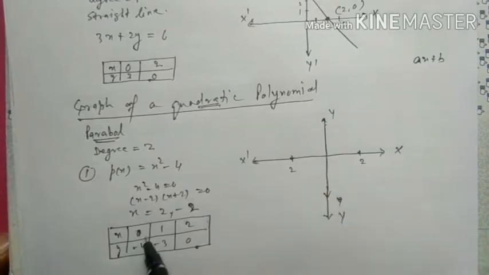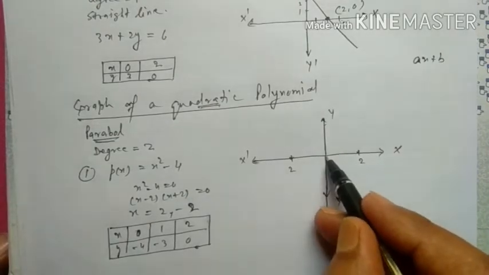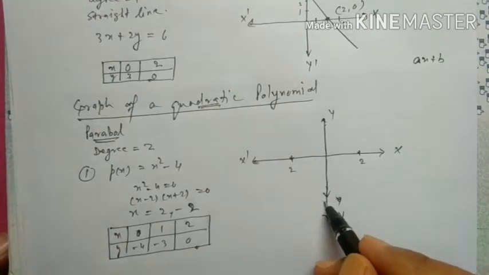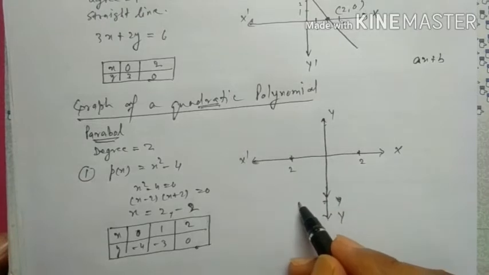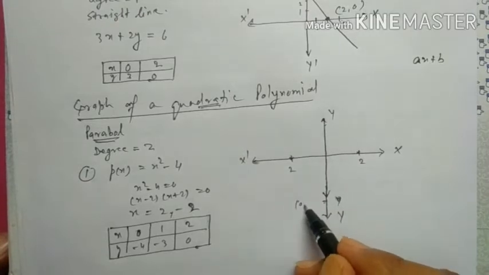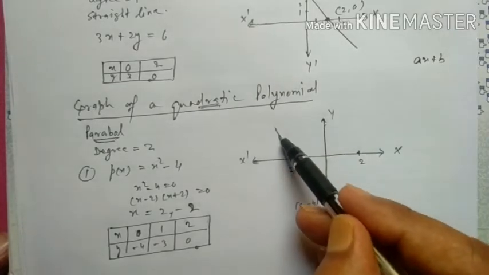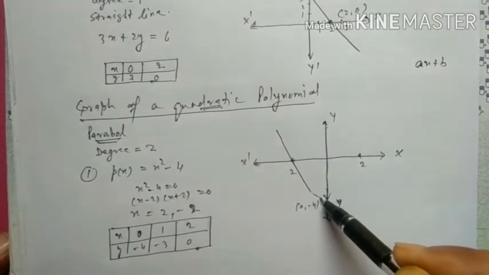Now we plot these points: x equal to 0 and y equal to -4. Suppose here is -4. So when we draw, the graph will be like this.